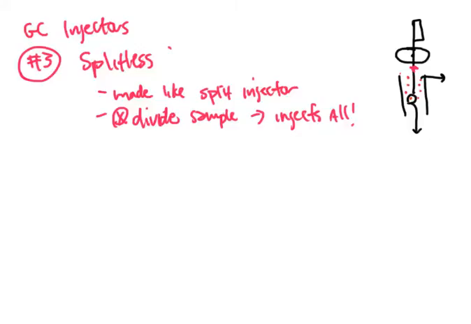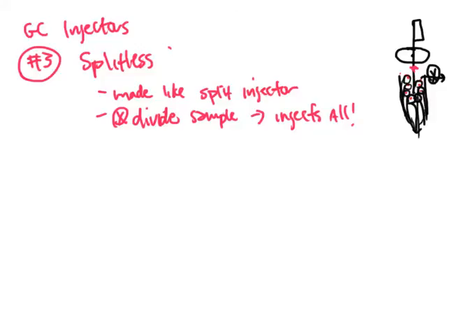And what I can do is I can go into the instrument and I can tell the instrument to cut this off. Don't use it. And all of my sample at that point, all of these components go into the column from that point on because I have closed that window out.